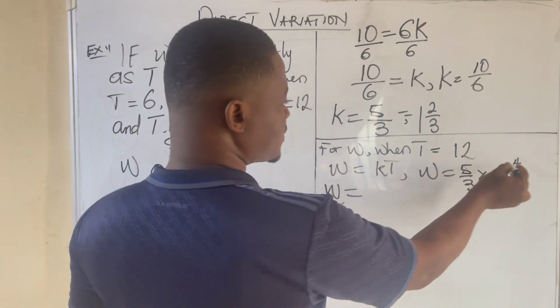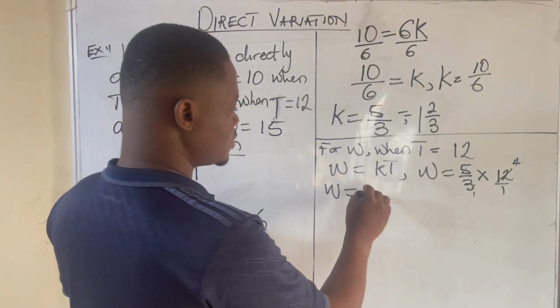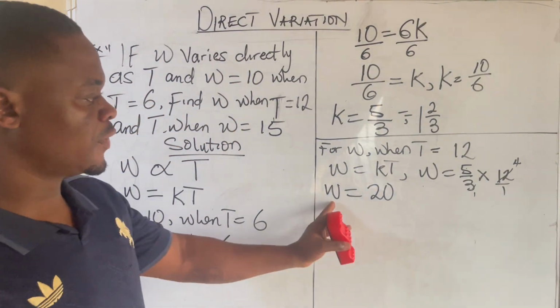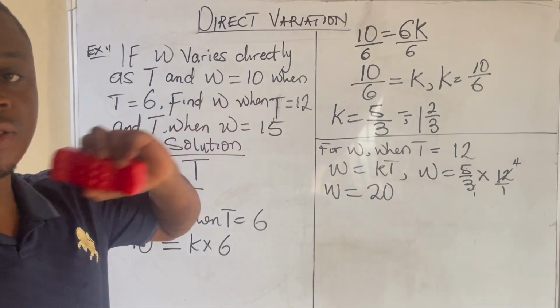So 5 times 4 will give us 20. So that is the value of W when T is 12.